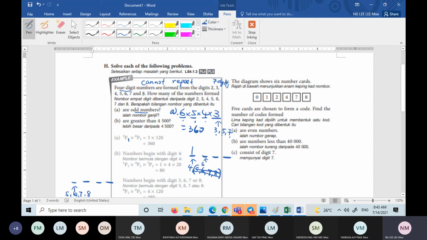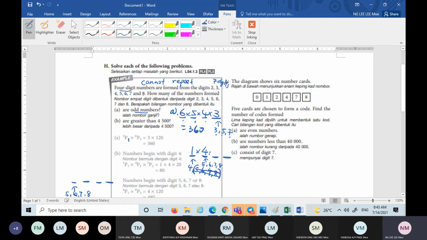You have to choose 5, 6, 7, and 8 for the second digit. If you choose 5 at the second digit, the third digit no matter if it's 2 or 3 will still be bigger than 4,500. So here got how many ways? 1, 2, 3, 4. 4 ways to choose.